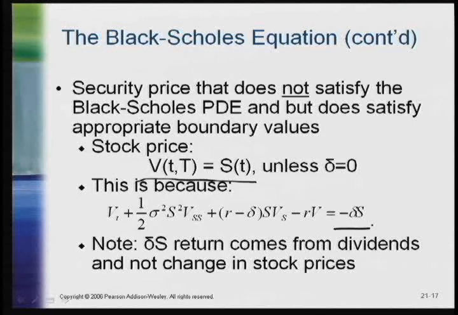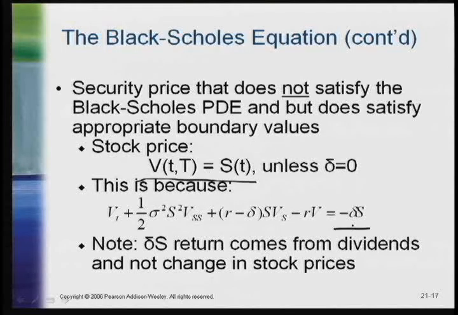And so what the differential equation is telling you is that if you account for the dividends that the stock pays, then indeed the stock will satisfy the differential equation. Without the dividends, the value of those derivatives comes out to be minus delta S. And if you add back the delta S return over an infinitesimal period coming from dividends, you get back to 0.